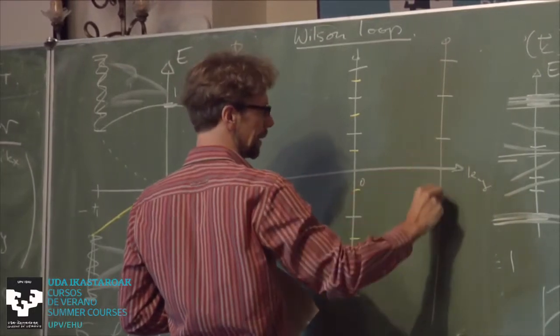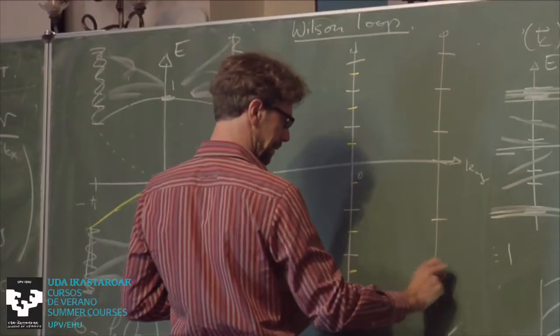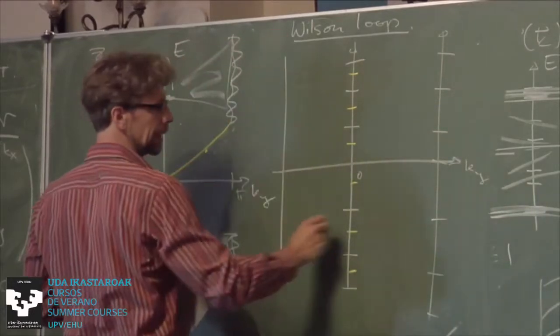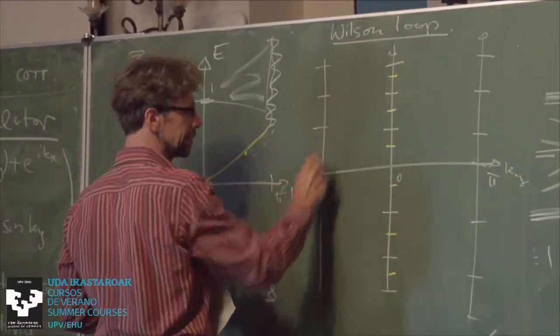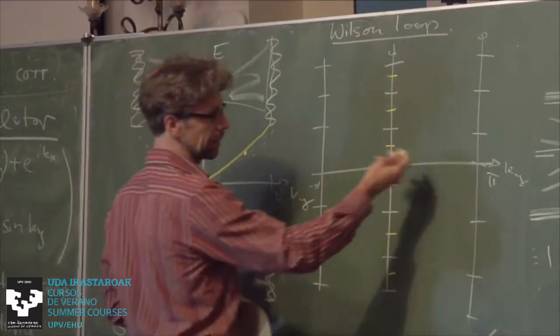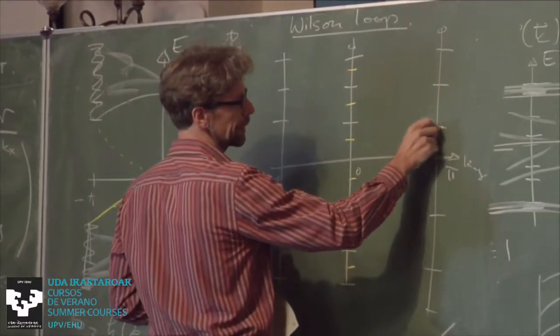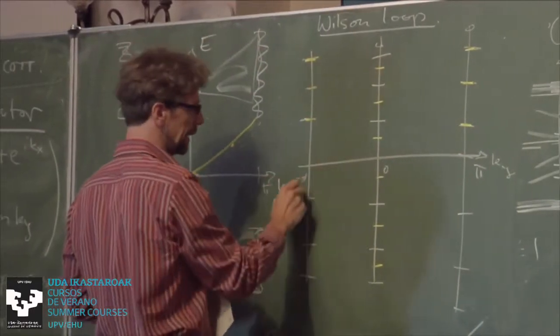And at ky equal to pi or minus pi, I know that the Wannier charge centers sit exactly at the lattice site, so they sit here at my white bars.